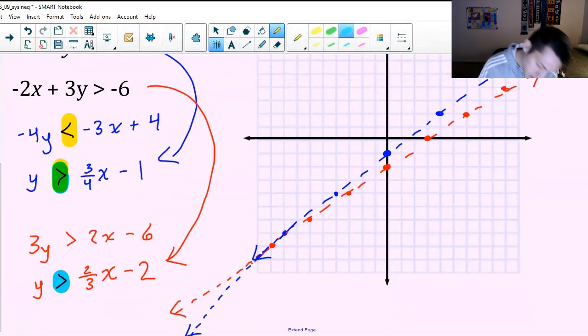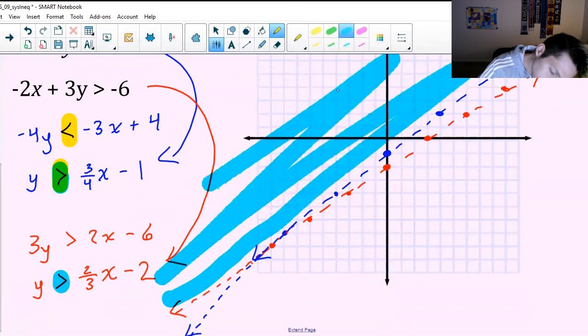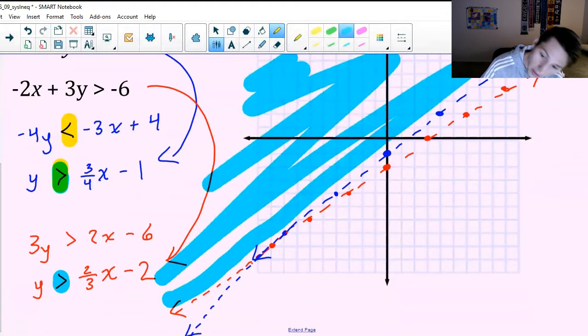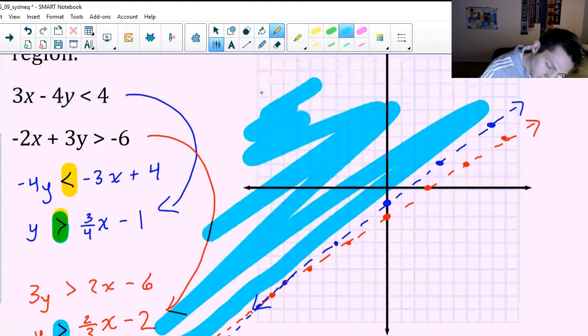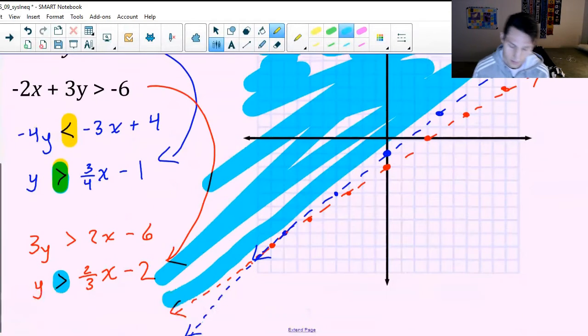So that would be this whole big region here of shading, all of this. It's above the blue line and it's above the red line. And that shading works really well.